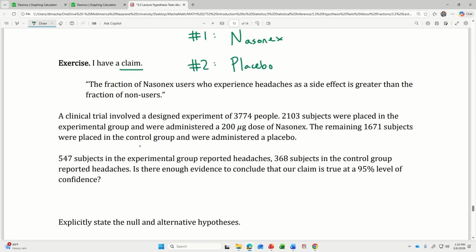Whenever I want to state my alternative hypothesis, I'm just trying to put this claim into symbols. And I think the symbols I want to choose are that P1 is greater than P2.